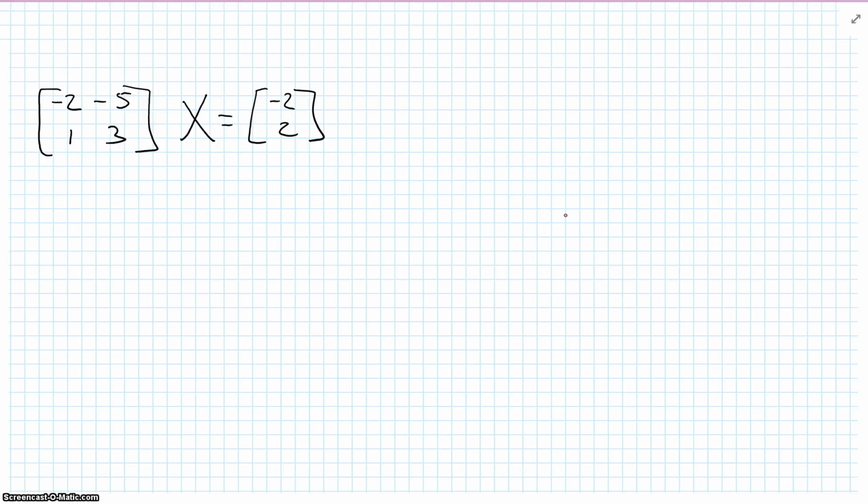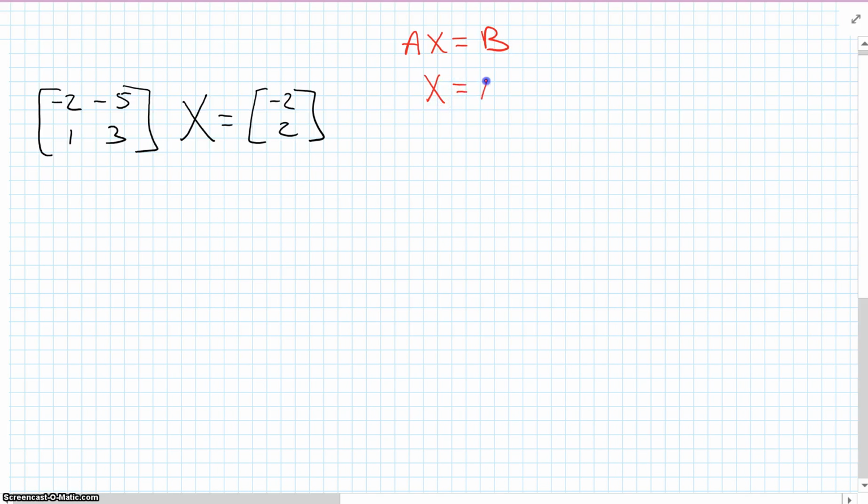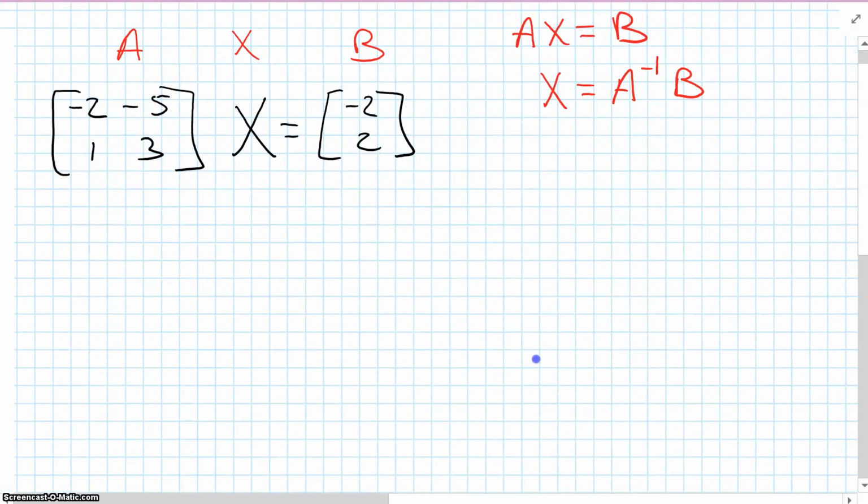First question, does it look like matrix A times matrix X equals B? Well, yes, it does. So we know matrix X is going to be equal to the multiplicative inverse of A times B. So we've got to find the multiplicative inverse of A.